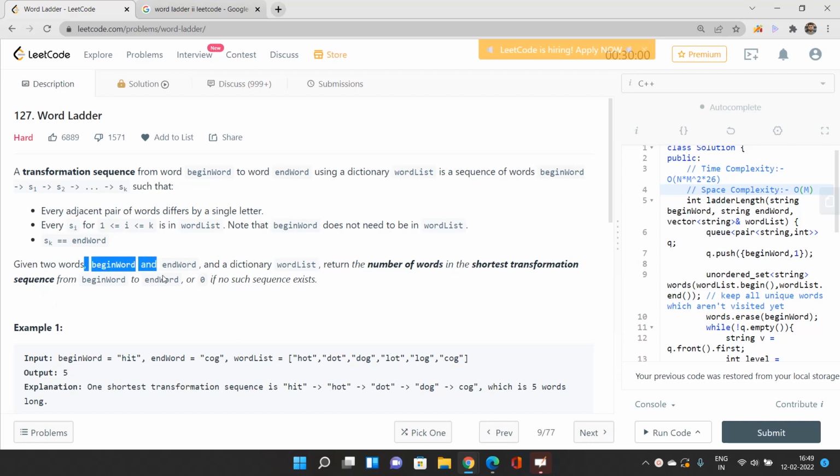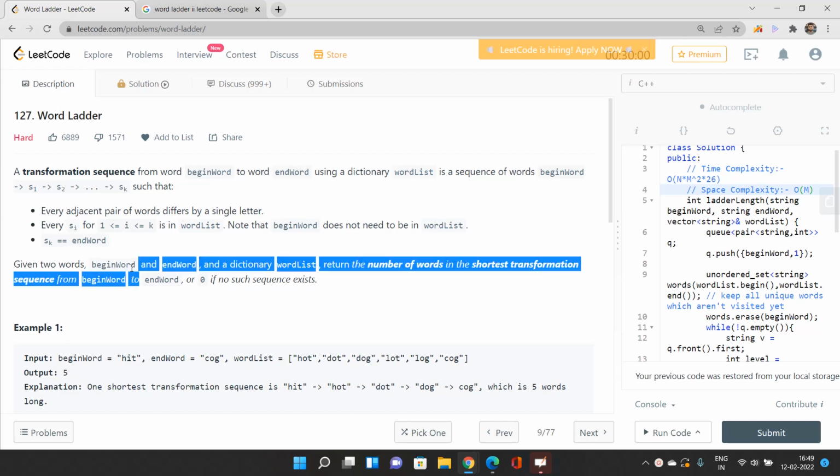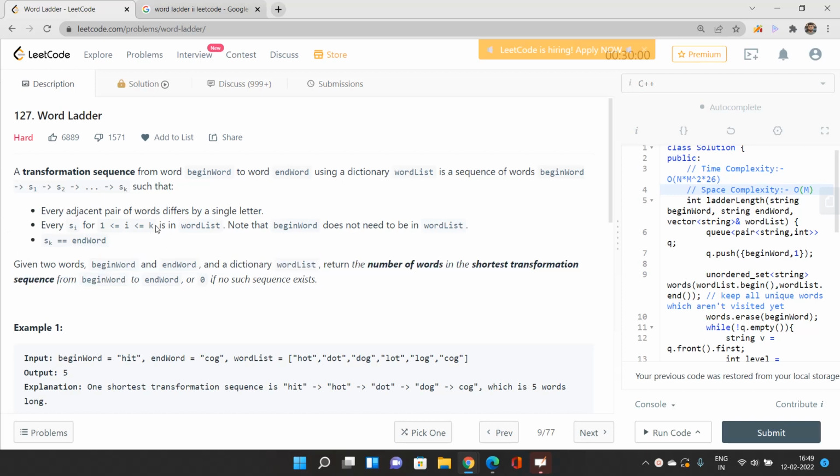Given two words, beginWord and endWord, you can consider beginWord as the source. If you are familiar with graph theory terms, you can understand that beginWord is the root node, and you need to reach the destination node, signified by the term endWord, which is a string, right?